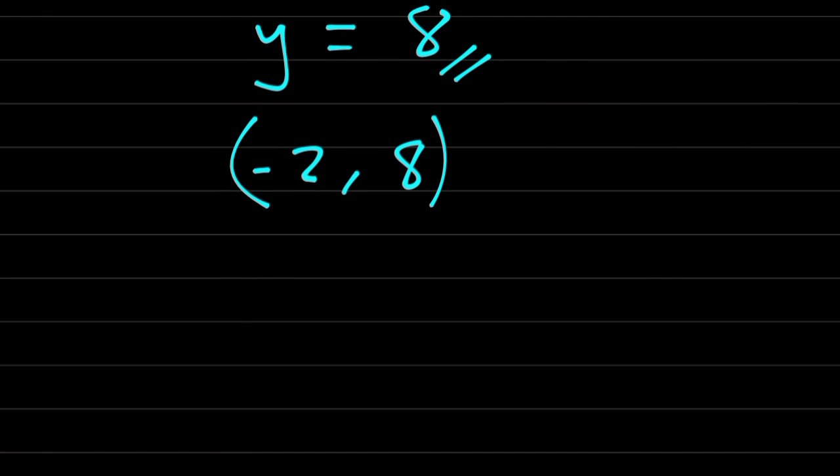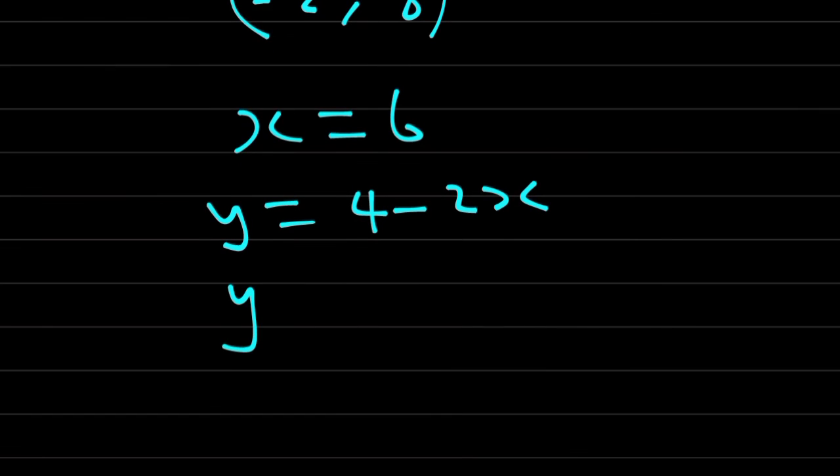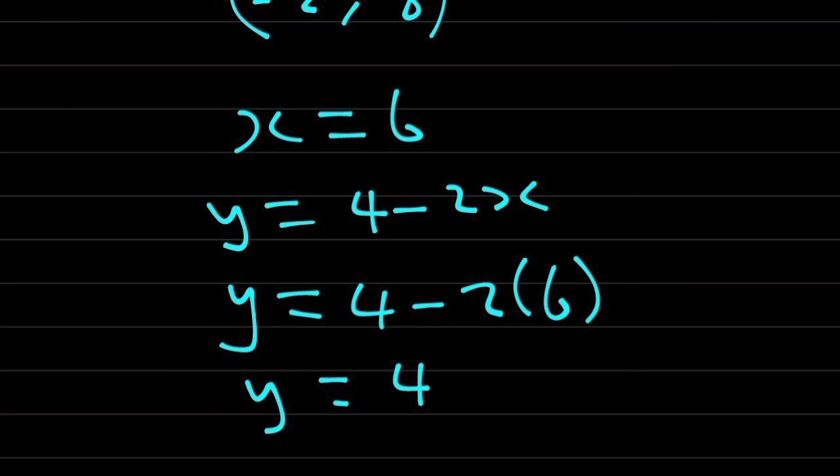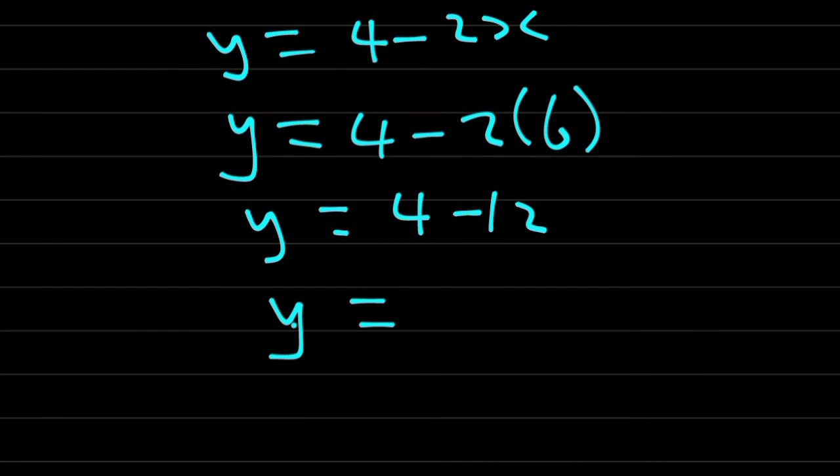And when x is equal to 6, y is equal to 4 minus 2x. Therefore, y will be equal to 4 minus 2 into bracket 6, and then y will be equal to 4 minus 12, and y is equal to minus 8.